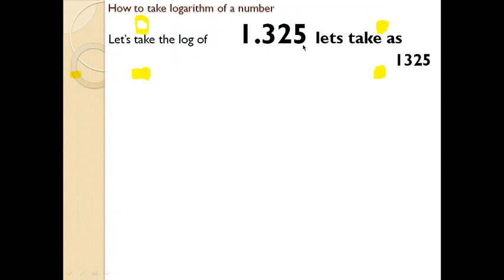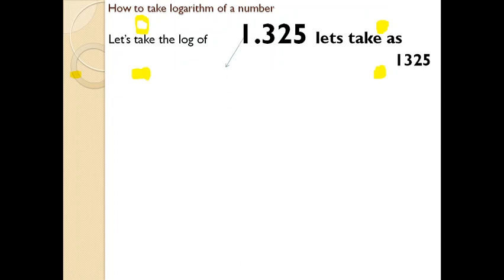Whenever you are finding the log of a certain number, even if it is given in decimal or whatever it is, you need to first of all write it down freely without any decimals. 1.325 is taken as 1325. We are not taking this number as a final number. This is entirely for the computation purpose alone. So remove the decimal, let the number be 1325.